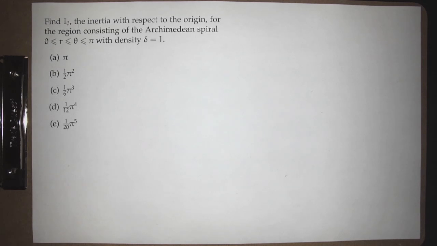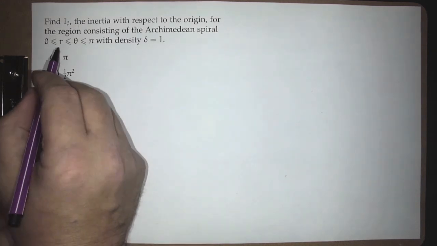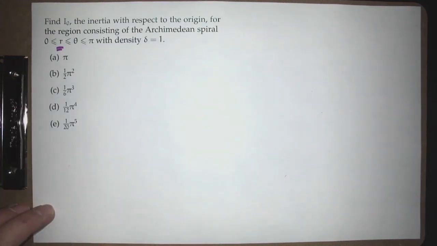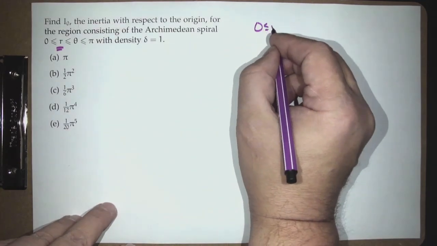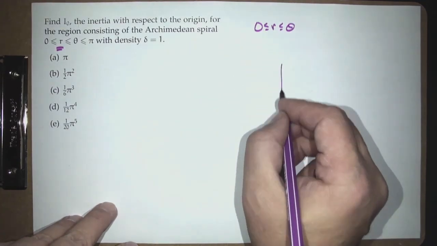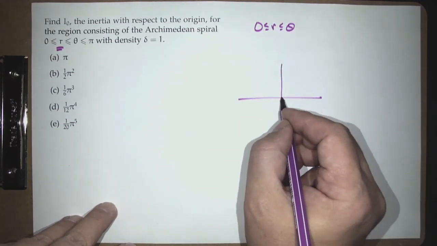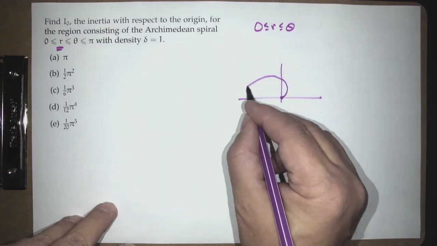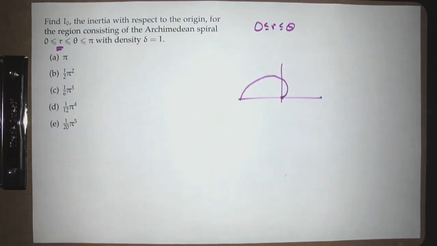Do you want to talk at all about this region before you start, or are you ready to go? Okay, let's talk about r. What's true about r? 0 less than or equal to r less than or equal to theta. So that's the Archimedean spiral. It starts at the origin, and as you go out, it goes further and further out.